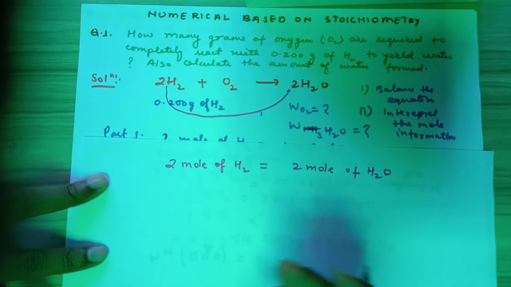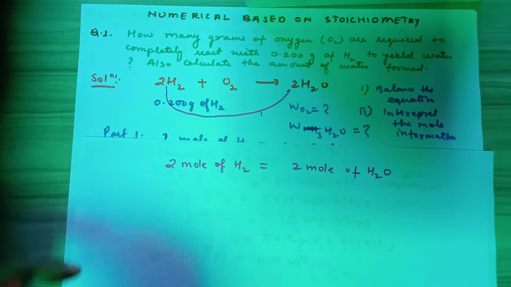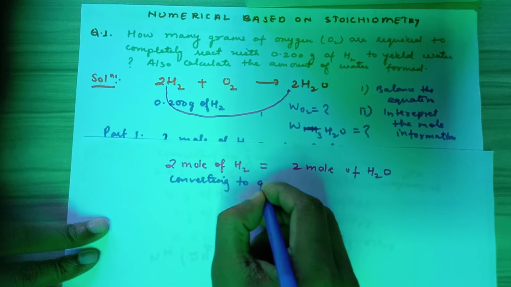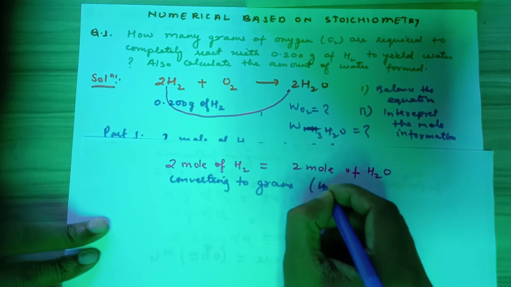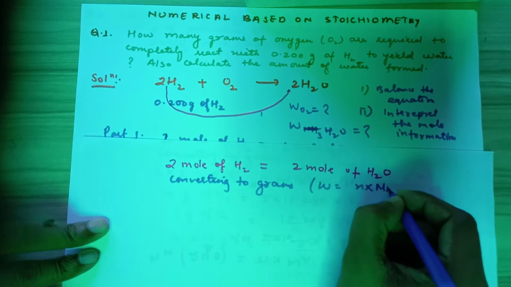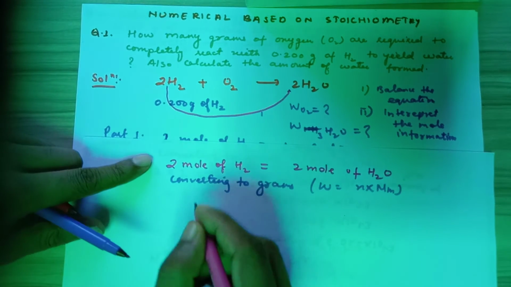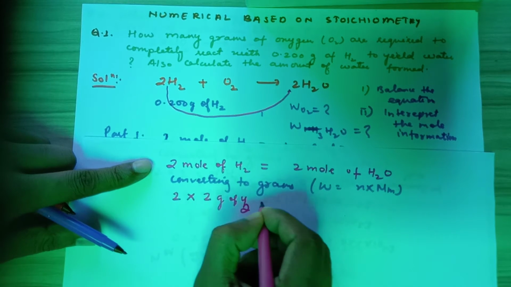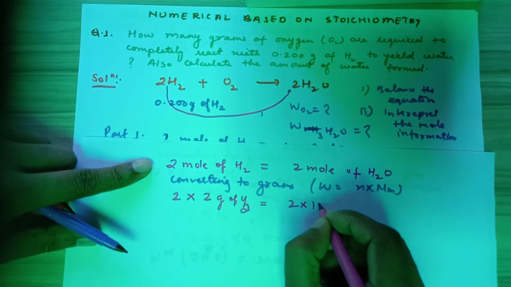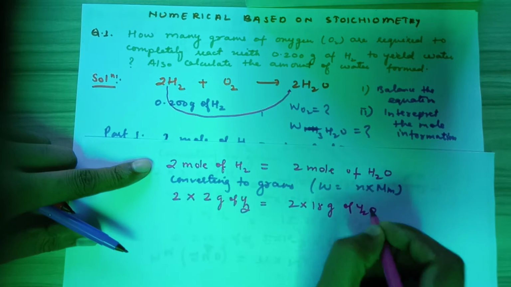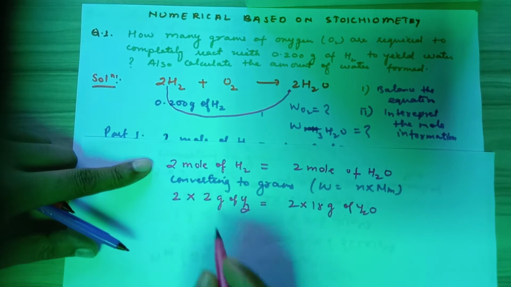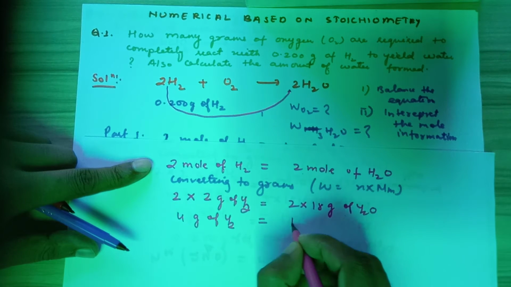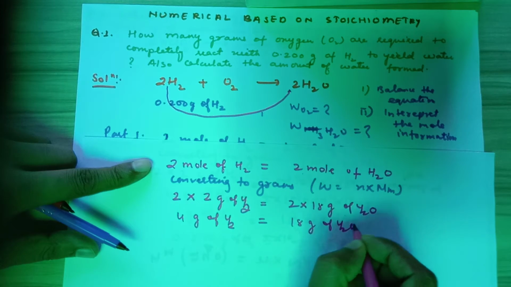Now just convert it into number of grams. So converting into grams, use W equals n into mm. So it will be 2 into 2 gram of H2, that will be 2 into 18 gram of H2O. Thus we are writing number of moles into molar mass. It is 4 gram of hydrogen gives 36 gram of H2O.